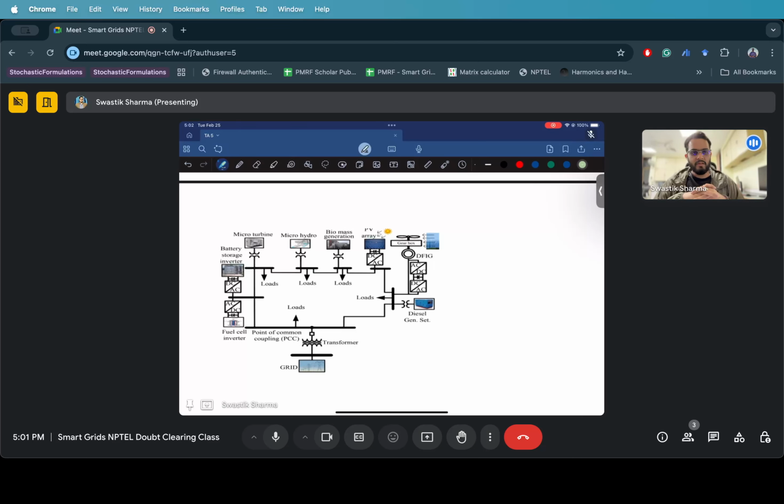So we discussed WAMS, phasor estimation, and frequency estimation used in PMUs, and then at the end we were discussing overcurrent relays and how they are used.